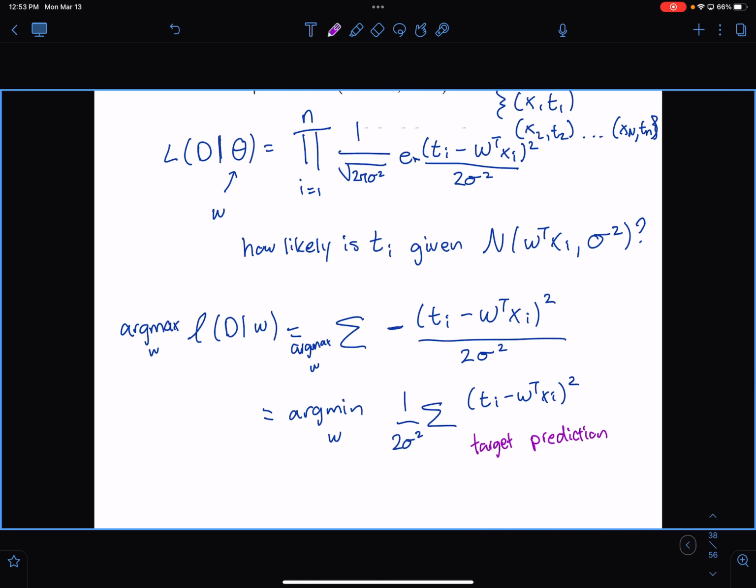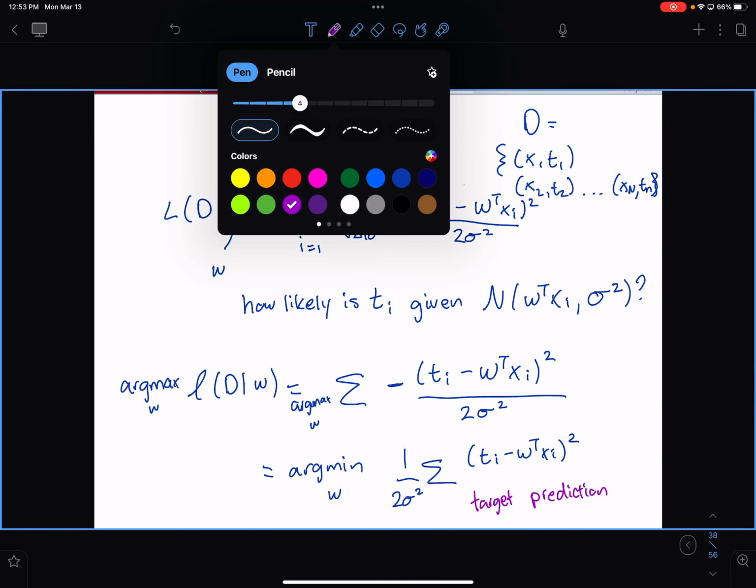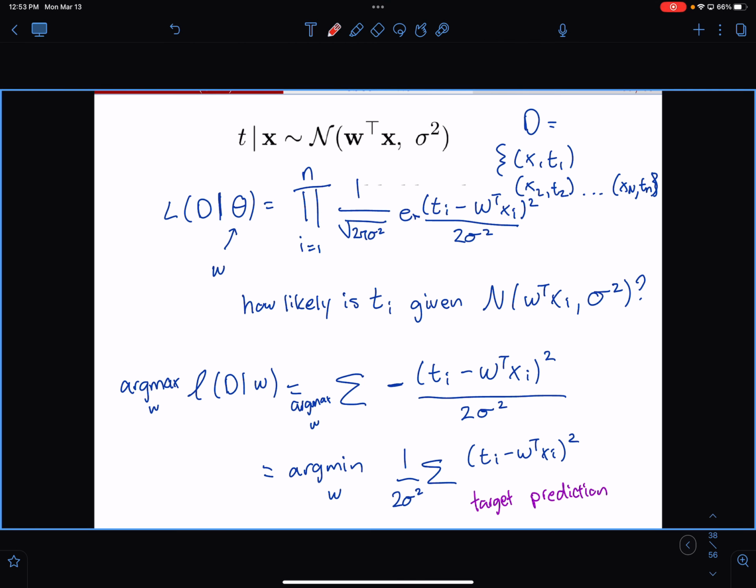So one other thing we can do here is we also talked about the posterior, and you can consider adding a prior term to our likelihood expression.